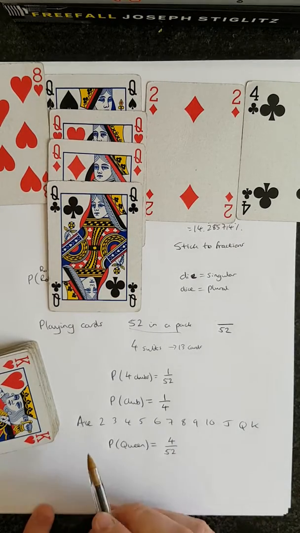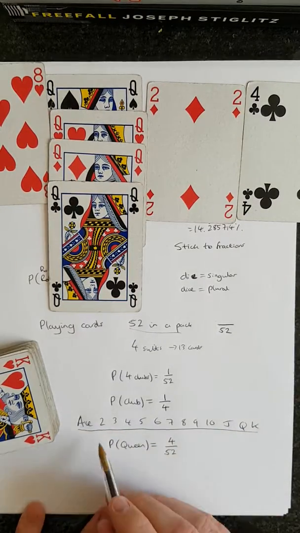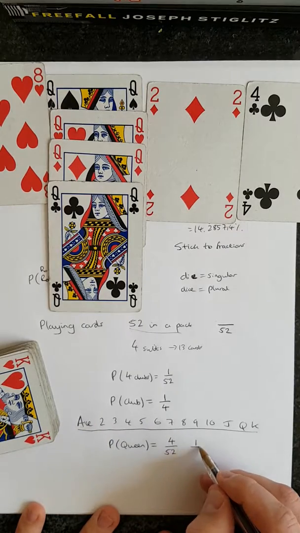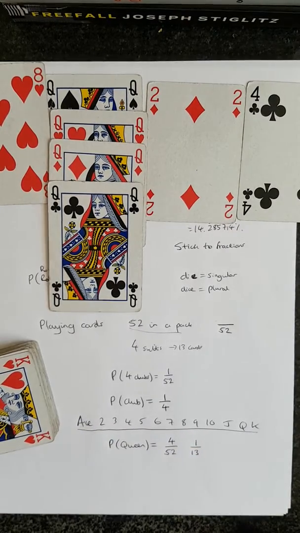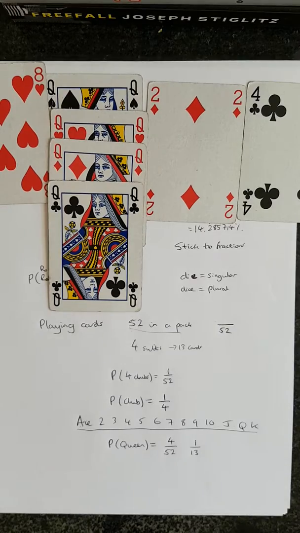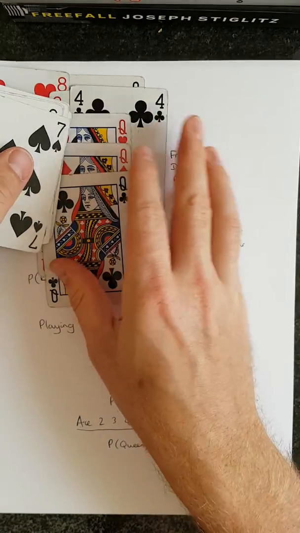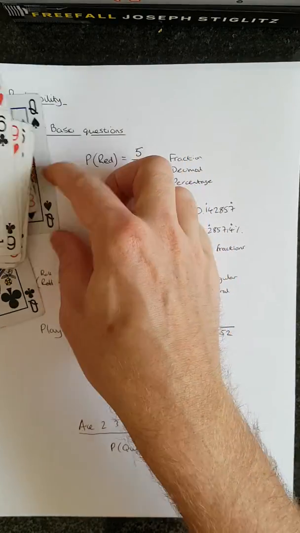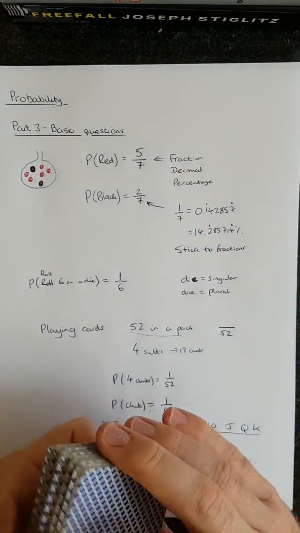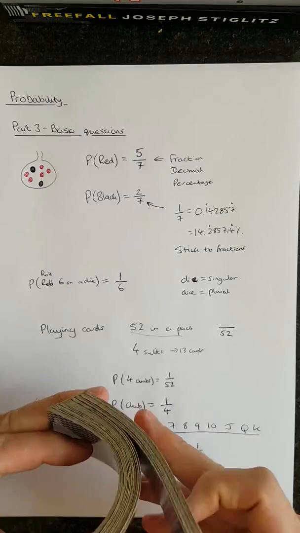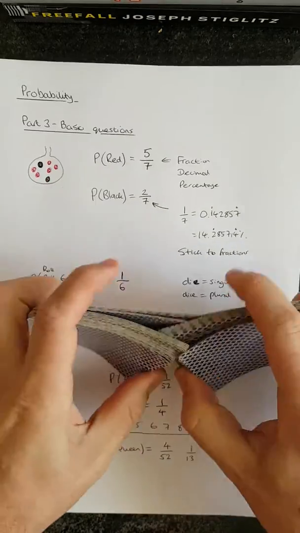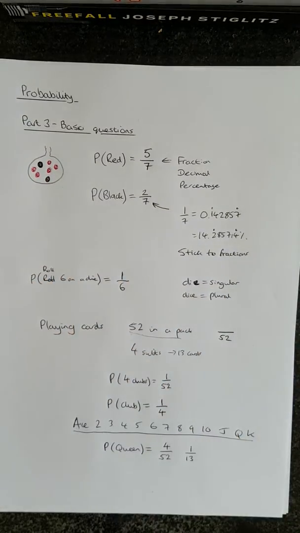Or, given that these are the cards and there's the same number of each, you could say it's 1 out of 13. So, some basic things there you need to know about a pack of cards. And it's really important that you are aware of those magic numbers and can do calculations quickly and sensibly.